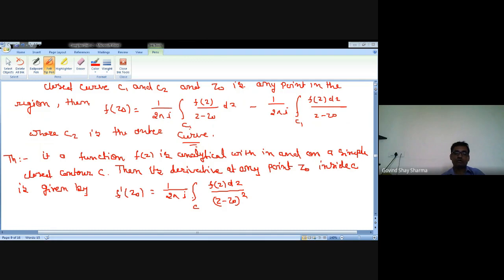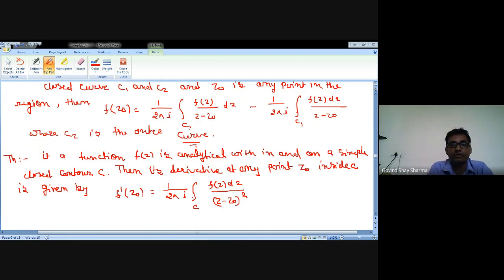Students, in the next lecture we will prove this theorem, and from this and its recurrence we get the Cauchy general formula, which will be a very important formula for solving questions on complex integration and finding the derivative of the function at z0.